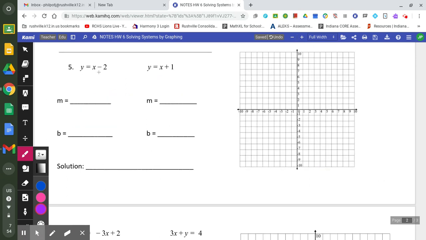So number 5, these are already solved for y. The slope of my first equation is 1, and the y-intercept is -2. So I'm going to start at the -2, and I'm going to go up 1 over 1, up 1 over 1, and draw my line.